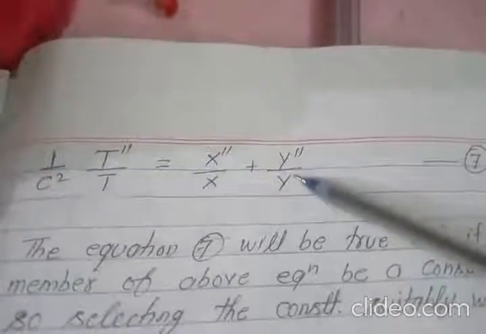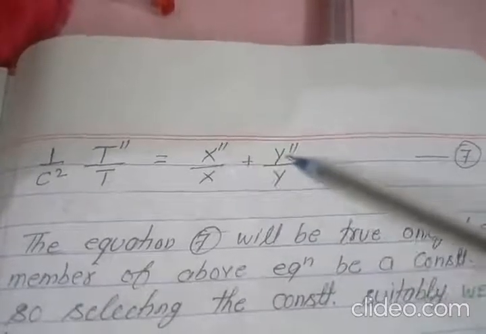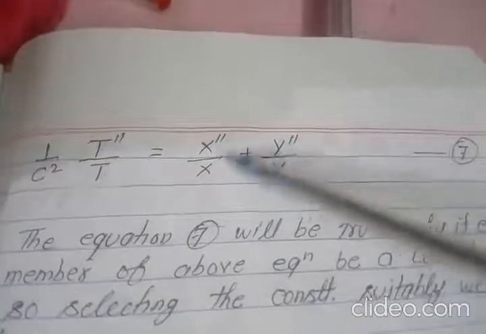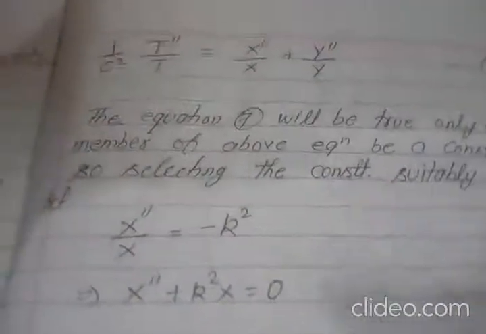Here we will consider the solution of X and Y, and the solution for X and Y in combination will give the solution for T, which can be understood in the following manner.